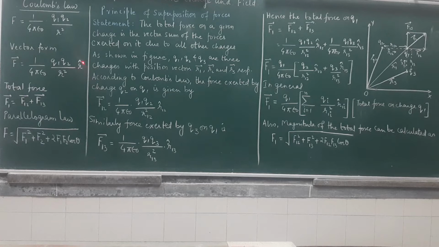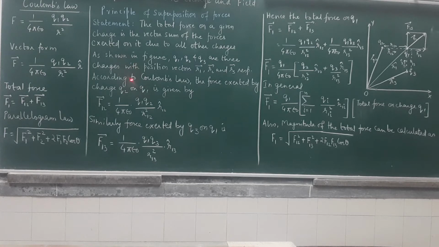This unit vector shows the direction of this force. The total force on the charge will be the vector sum of the forces exerted by the other charges. And the net force which will act on this charge, which will be the resultant of these two forces, will be calculated by parallelogram law of vector addition.